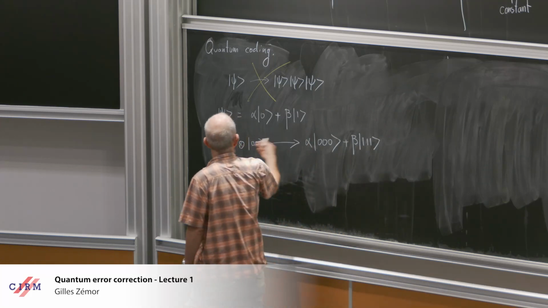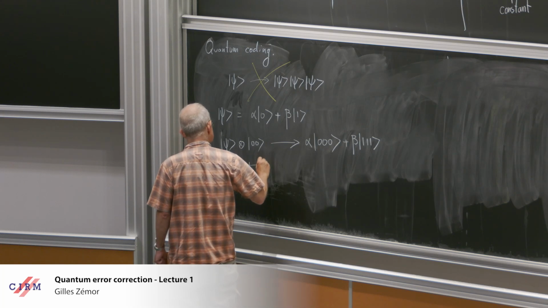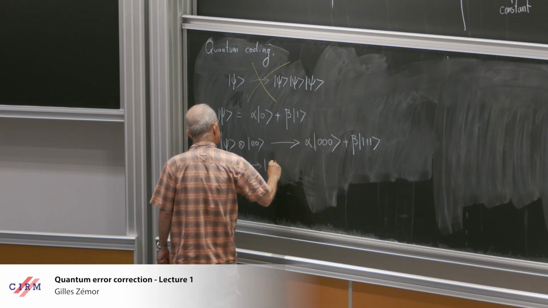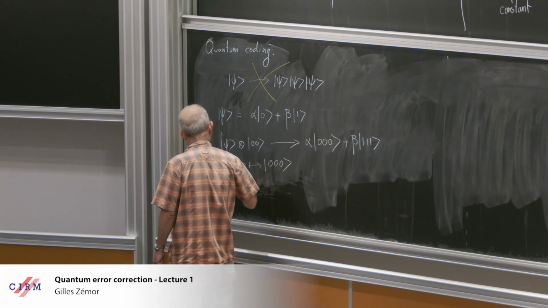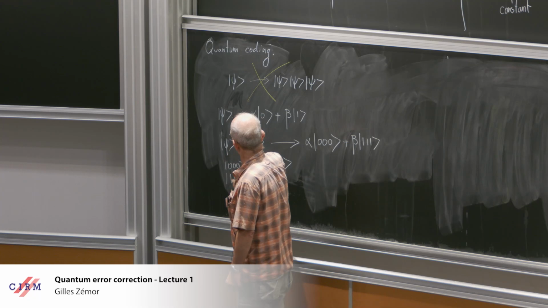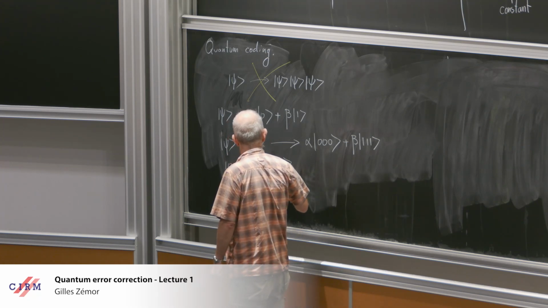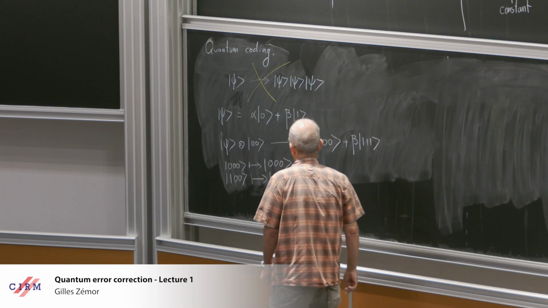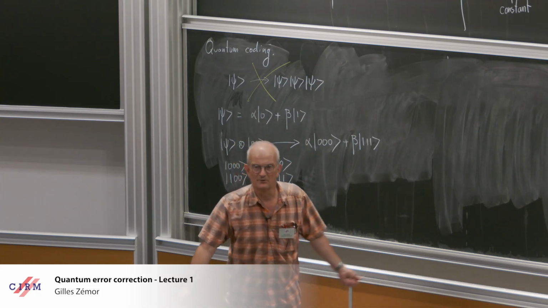So all you need to do to get this is to map 0, 0, 0 to 0, 0, 0, and 1, 0, 0, which you will get if psi is equal to 1, to 1, 1, 1. But these two states are orthogonal.